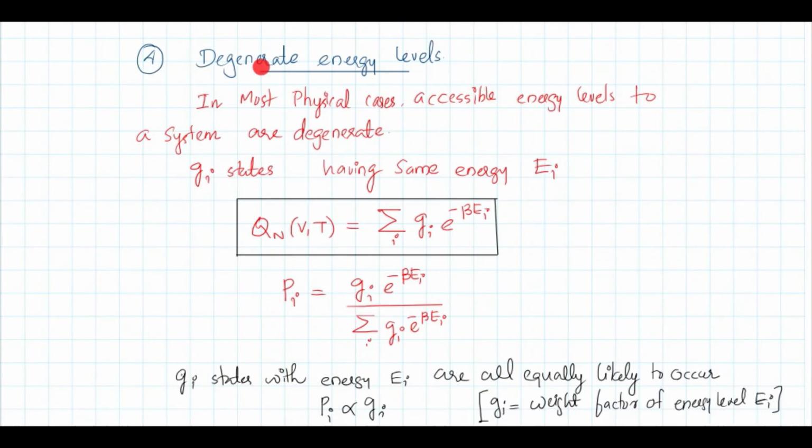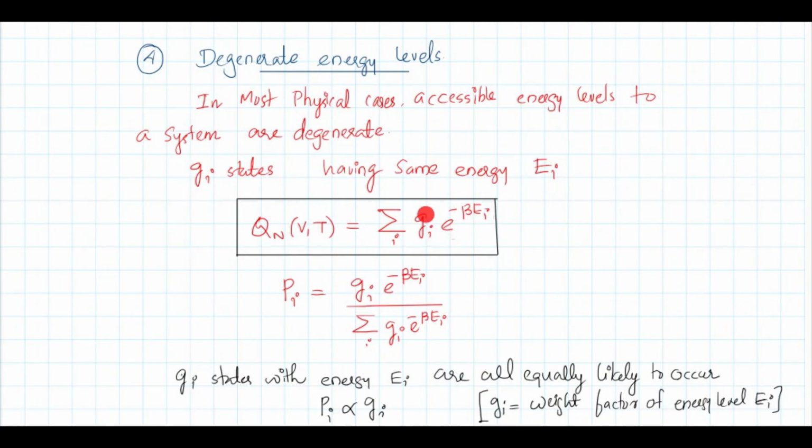The fourth case is degenerate energy levels. In most physical cases, the accessible energy levels to a system are degenerate. That means there is more than one level having the same energy. Suppose there are Gi states having the same energy Ei. Then the partition function Q of N, V, T is equal to sigma i Gi e raised to minus beta Ei.